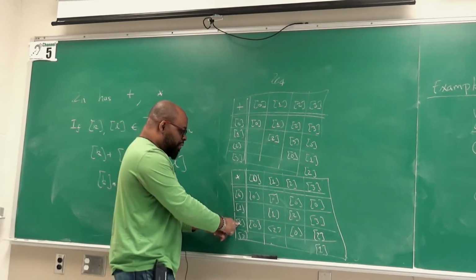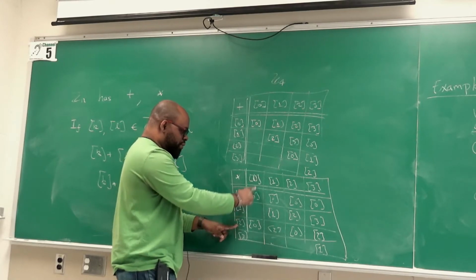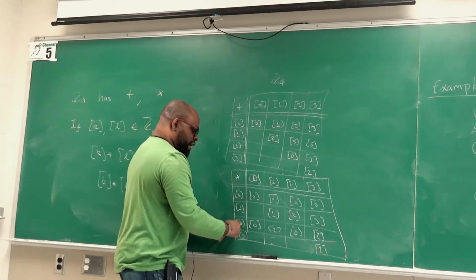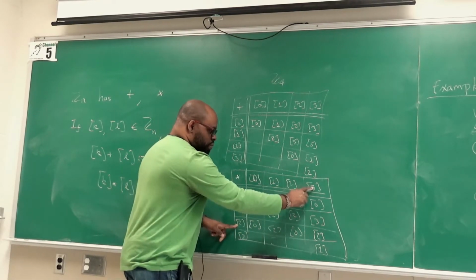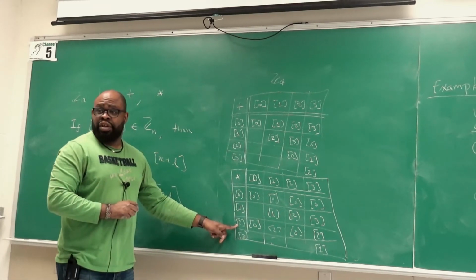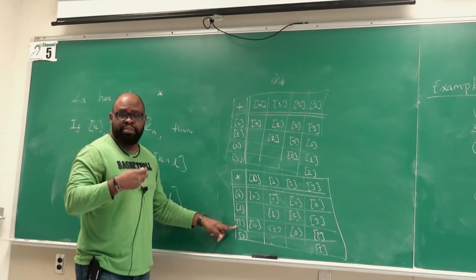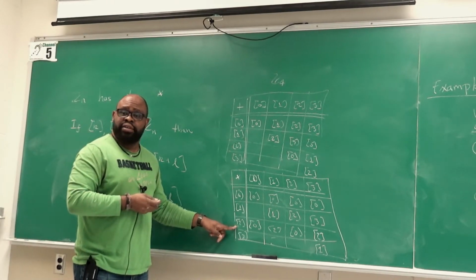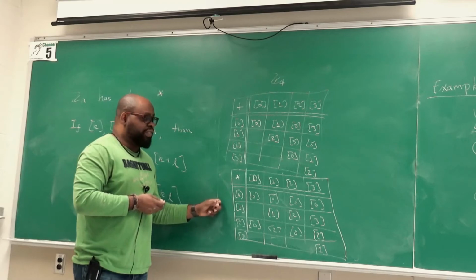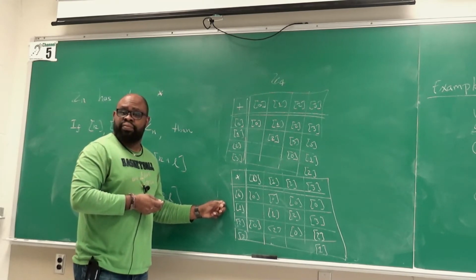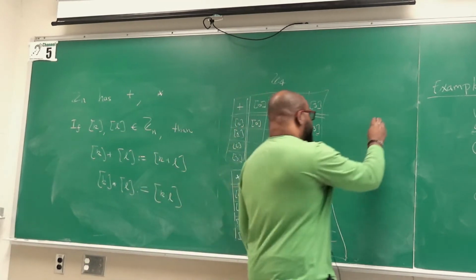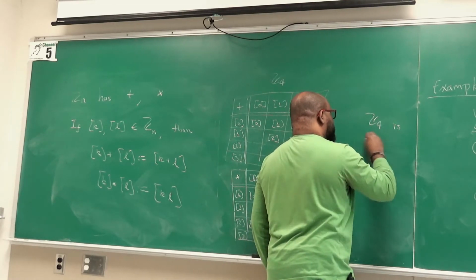There is no other element that when you multiply it by 2, you get 1. In other words, not every non-zero element has a multiplicative inverse. Okay? So in particular, Z4 is not a field.